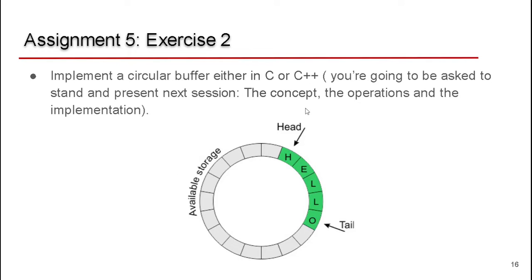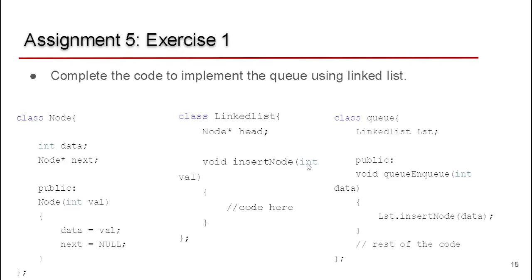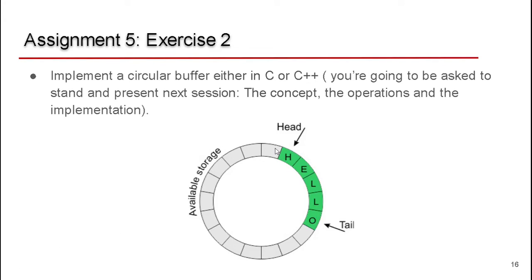Exercise 2. Actually, this one is the implementation for the other. We have two solutions, right? This one and this one. Linked list is clear. The second one is moving the pointer. So now in this exercise you have two options, and you can select any one of them.